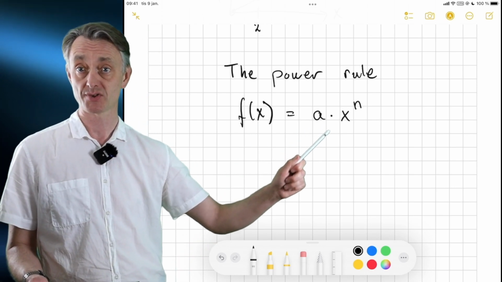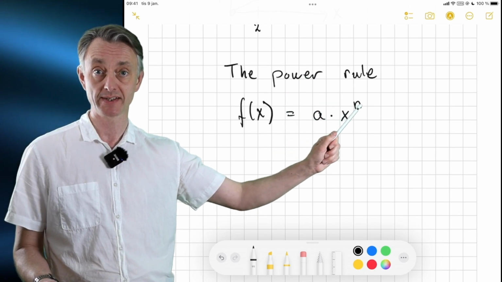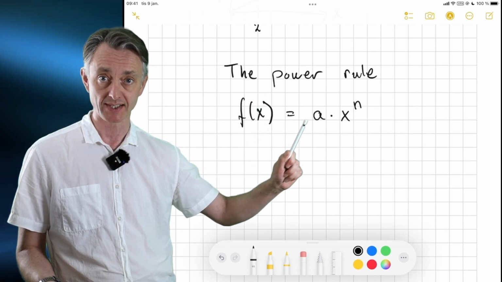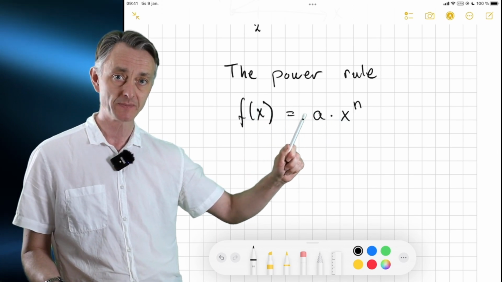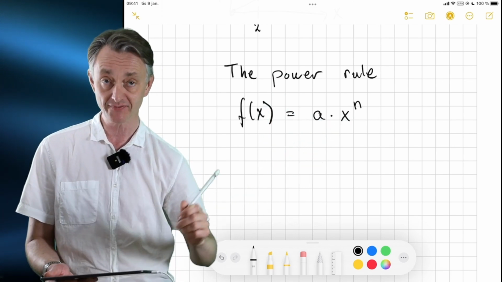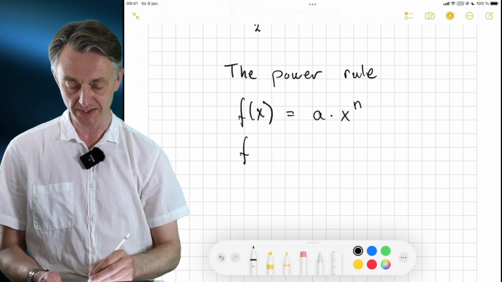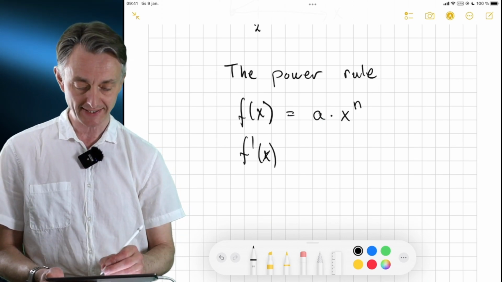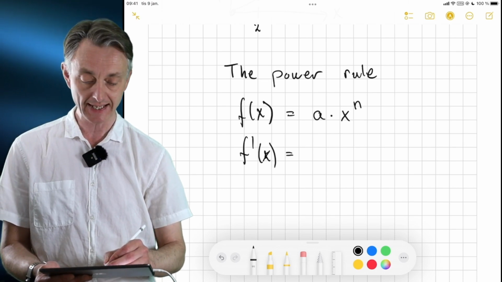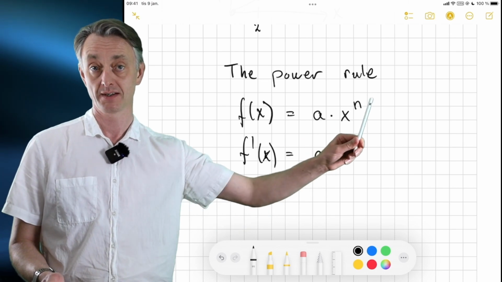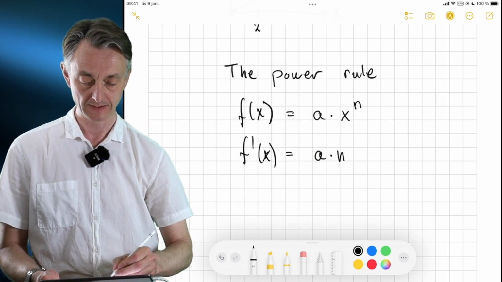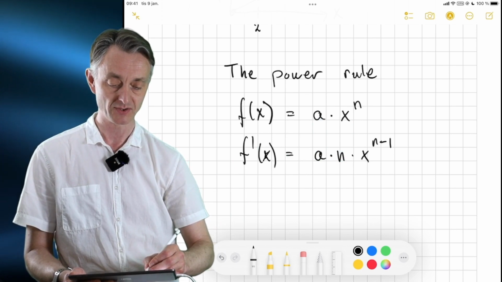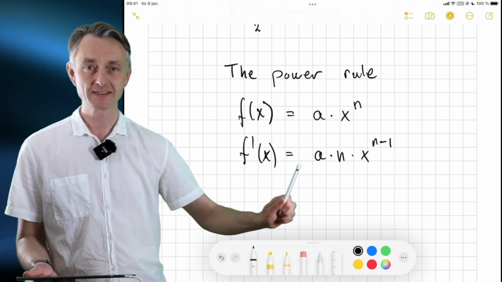And this is a version of x to the power 2, because then n is 2 and a was 1. That was the example we looked at a few moments ago. But in this more general rule, we know that if this is the function, then the derivative with respect to x is the following. It's going to be a times the exponent n times x to the exponent n minus 1. So this is a general formula.